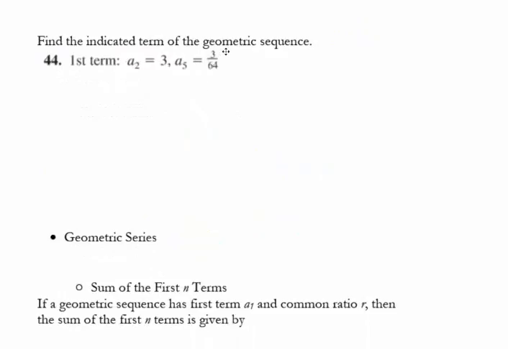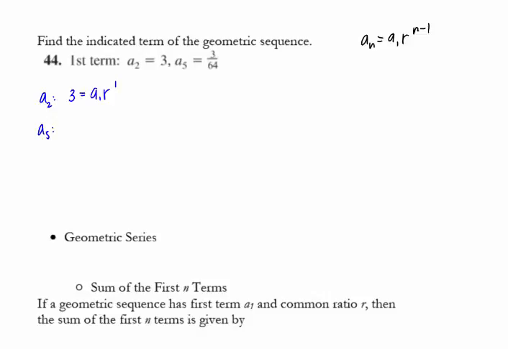Using these formulas in a different way, maybe we want to go back and find the first term when we know the second term and the fifth term. The same idea applies: any nth term is the first term times r to the n minus 1. So we want to write out what we know. The second term, a2, is 3, which equals a1 times r, which is unknown, to the first power.